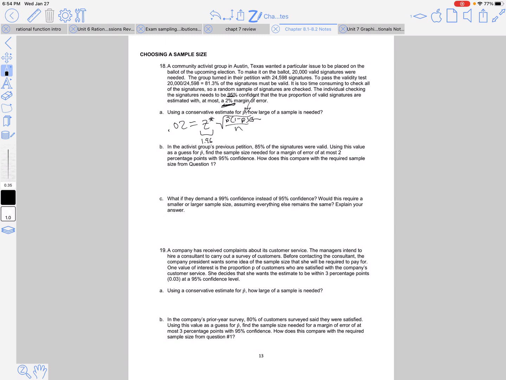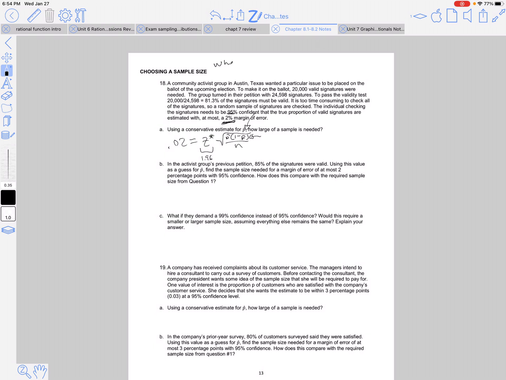It's 0.5 times 0.5. Just try numbers and look at that. So when p-hat is unknown, use p-hat equals 0.5. It's going to be the worst number you could get there.